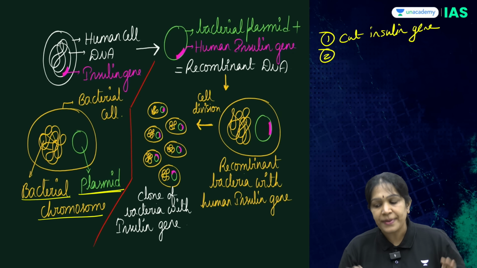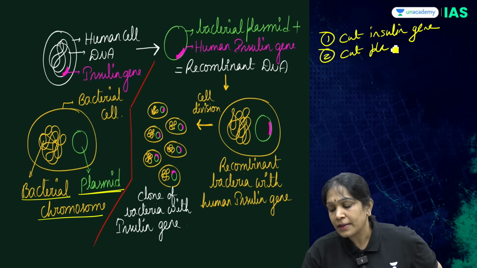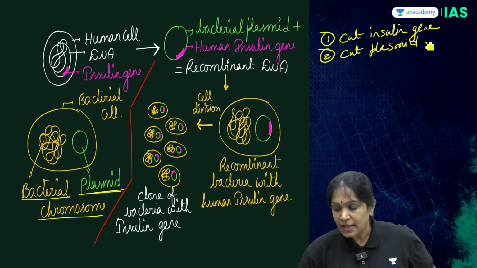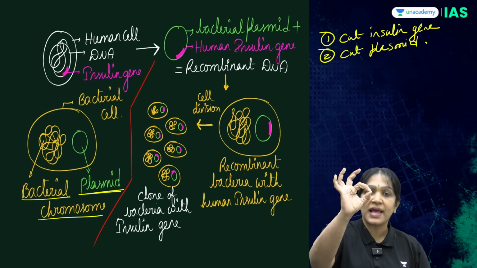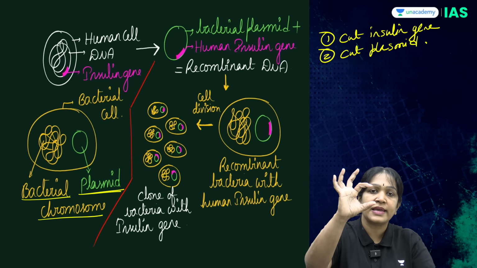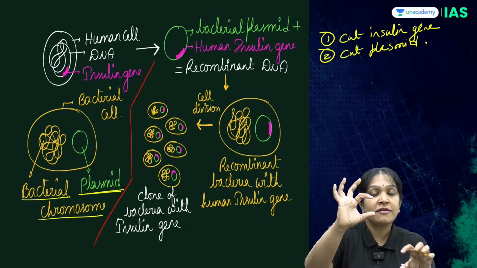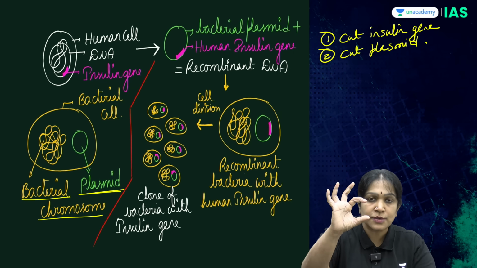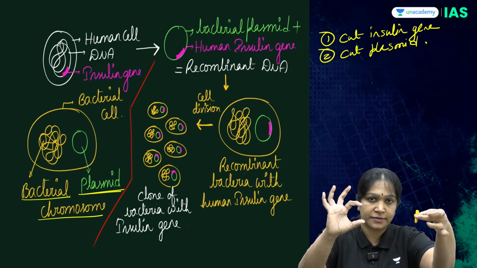The second step is cut the plasmid. Let us imagine my hand is the plasmid. What we have done? Cut the plasmid like this. Then if you remember, in the first step, we have already cut the insulin gene. Let us now imagine this is the insulin gene.